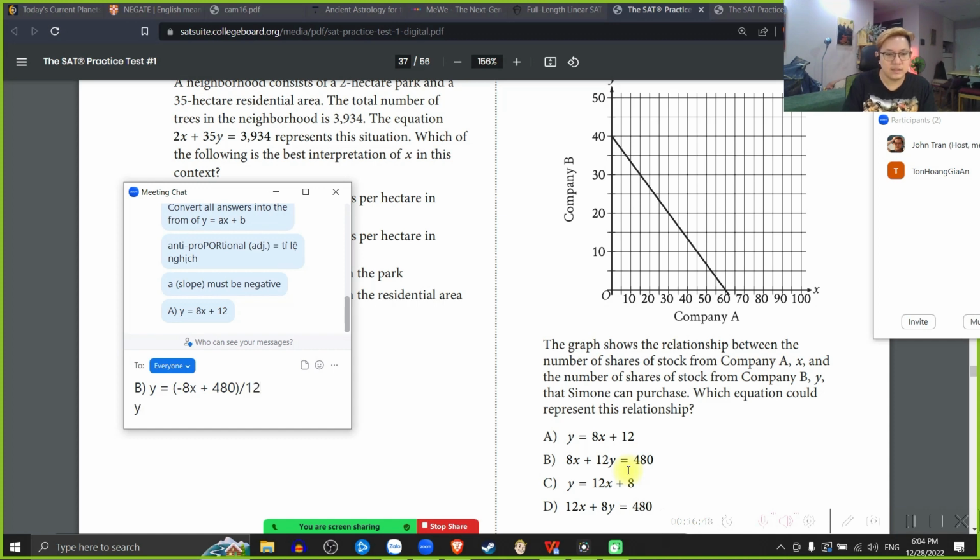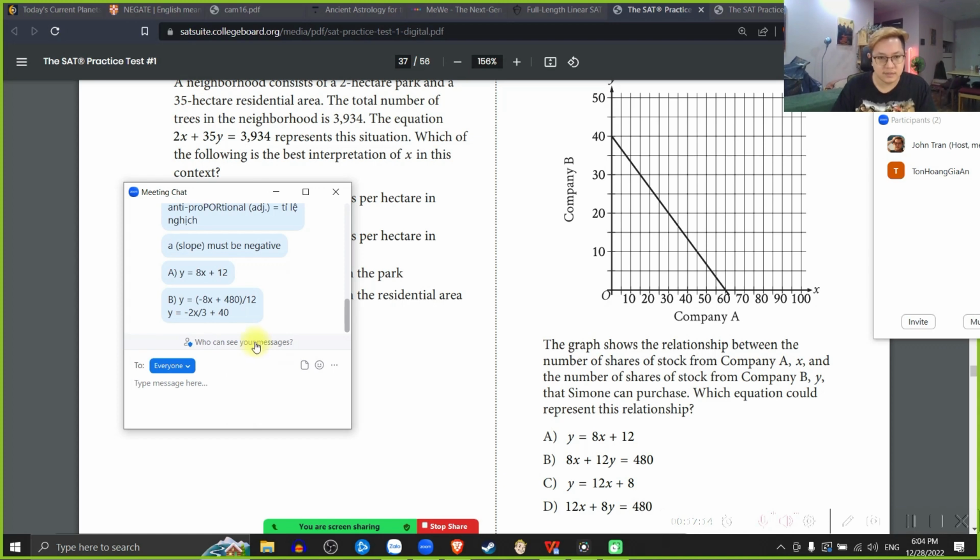So y equal to minus 2 over 3 x plus 40, right? So B could be a good answer, isn't it? Because the slope is a negative value.